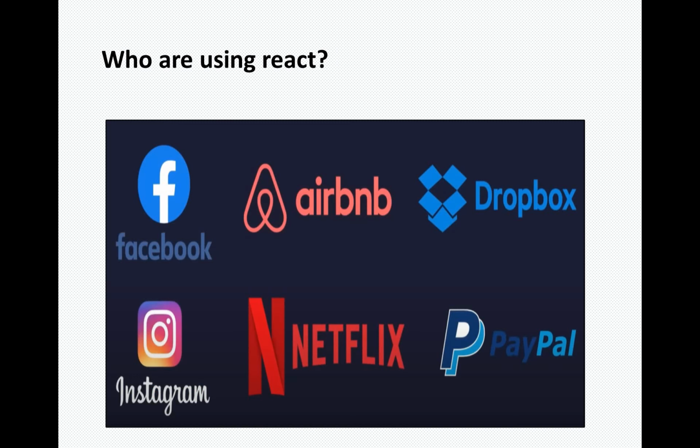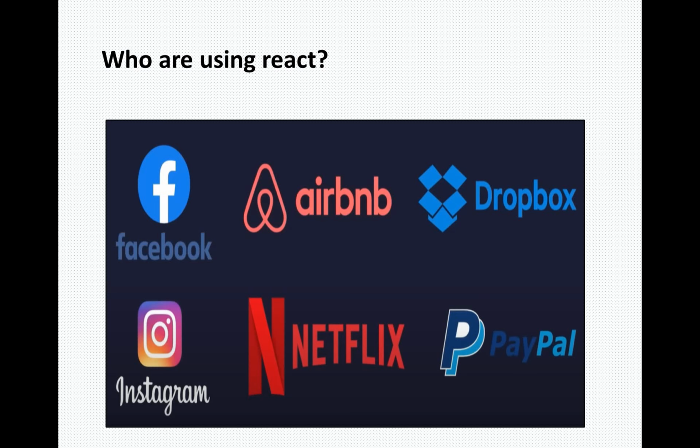The next one is who is using React. These are the brands which are using React. Facebook, who is a founder, Airbnb, that's a famous brand which is using React for their UI, for their booking, and their various other interfaces.